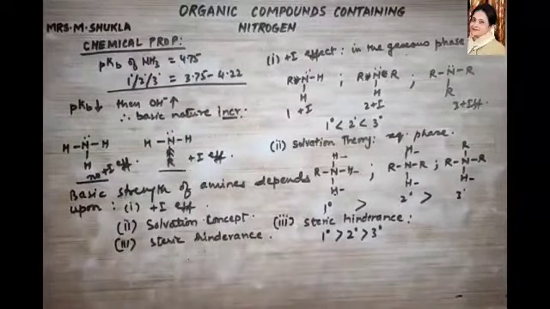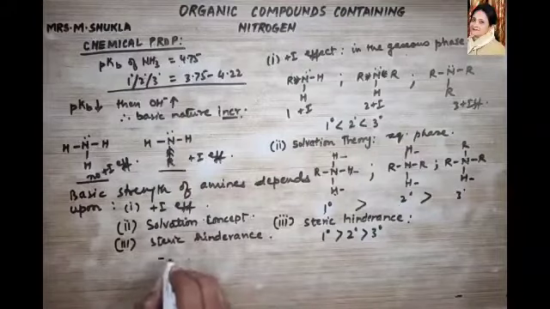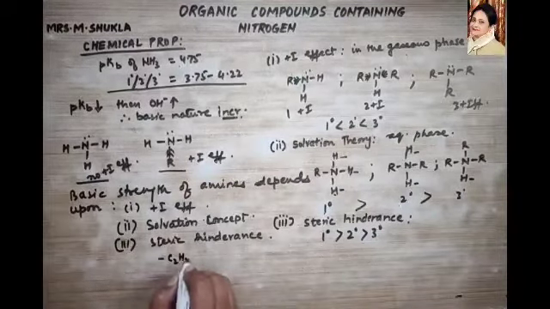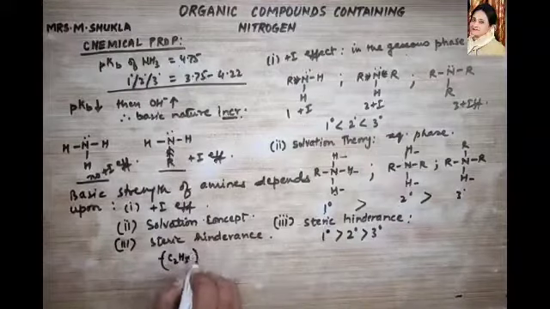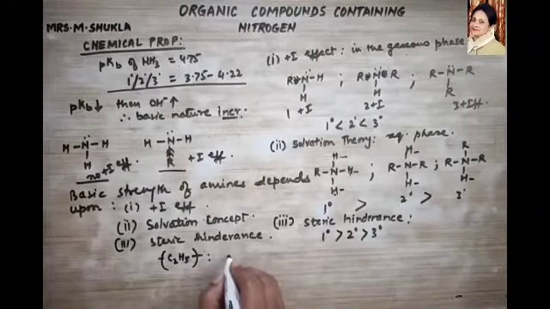So if we take a bigger alkyl group, say for example C2H5, then what do we see?